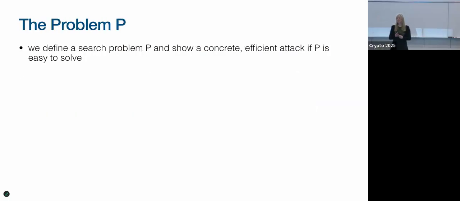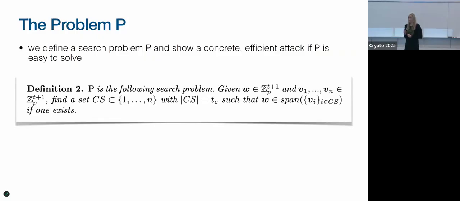So in this work, we define a search problem P and show a concrete, efficient attack if P is easy to solve. And the problem P is as follows. Given some vector w, which is a vector of field elements, and a set of vectors v_1 through v_n, it asks to find a set CS in the set from 1 to n with size t_c such that w is in the span of the vectors v_i, if it exists.